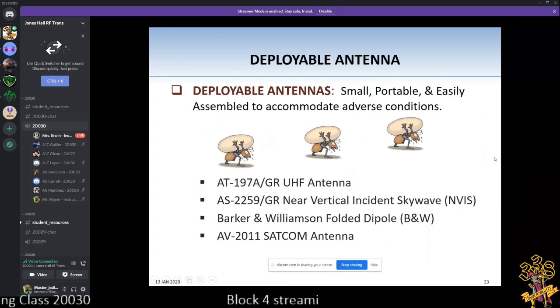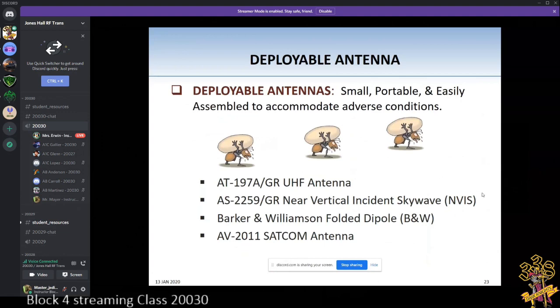And then your deployable antennas. Deployable antennas, you want them to be small. You want them to be easily moved around or portable. You want them to be easy to put together, because you're going to be doing this in different deployed locations.